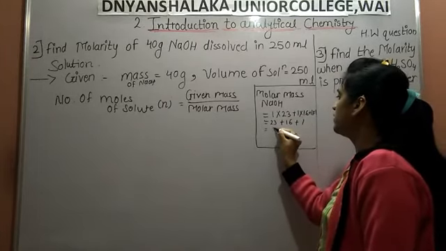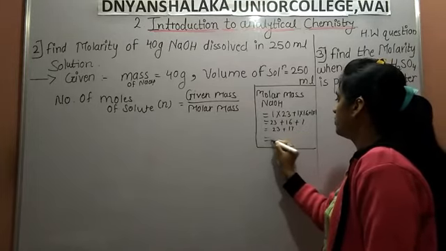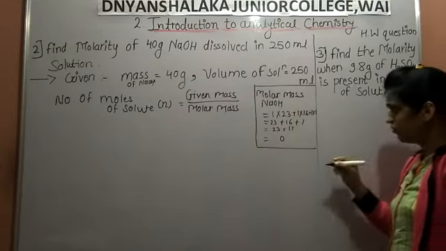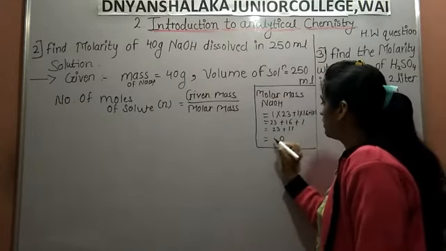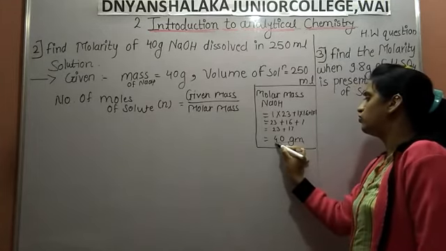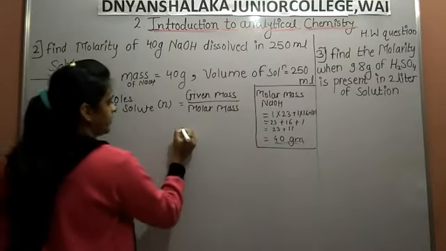So 23 plus 17, we get 40. So the molar mass of NaOH is 40 gram.